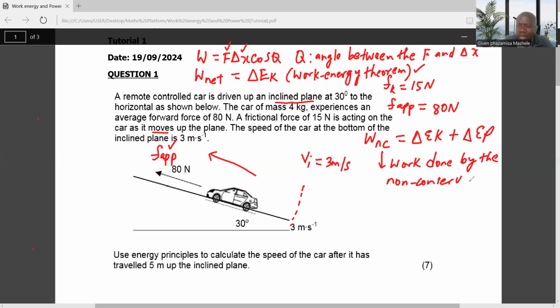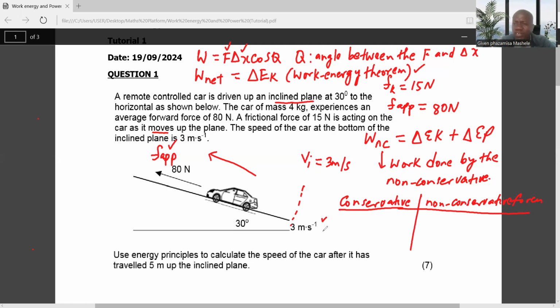And guys, it's very important in the examination to be able to differentiate between forces that are conservative and forces that are non-conservative. We know that we have two types of forces. We have conservative forces, and we also have non-conservative forces. Under the conservative force, what is a conservative force?